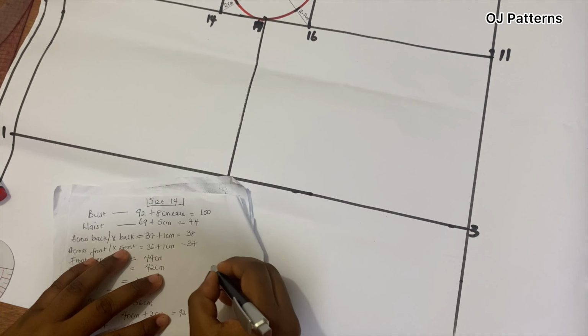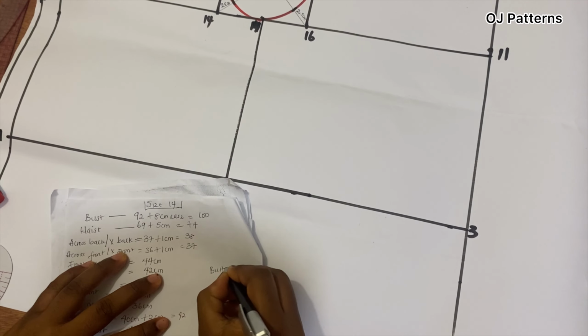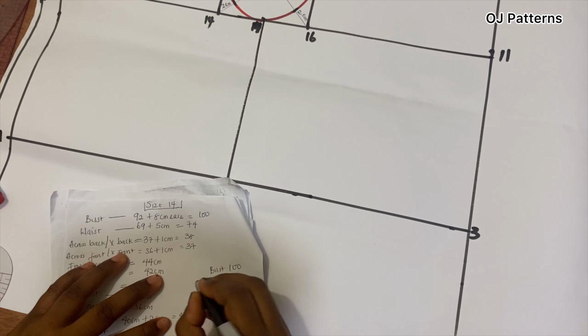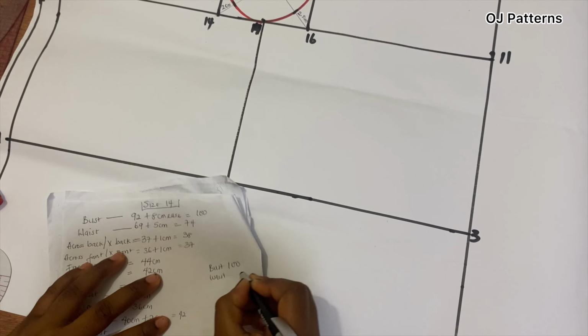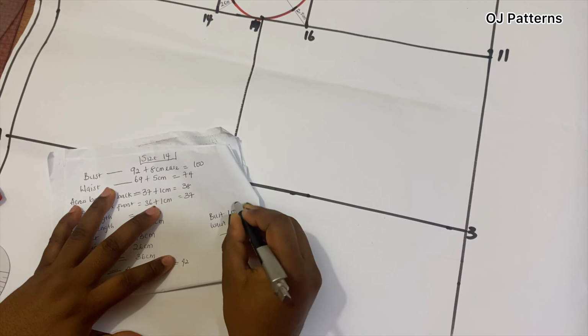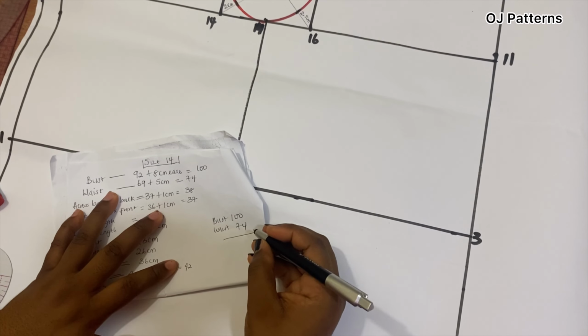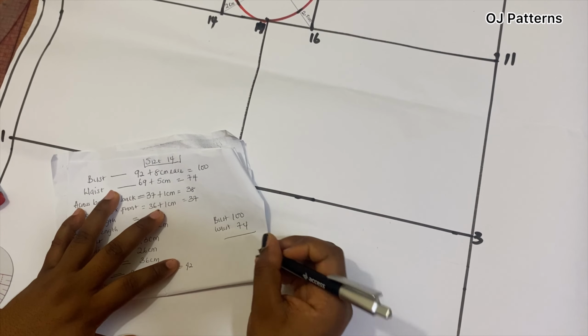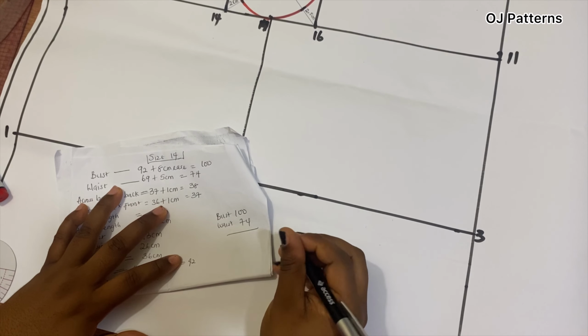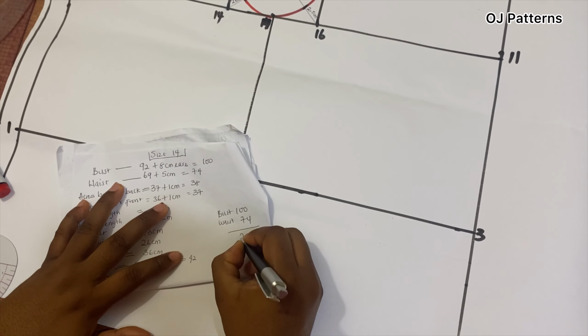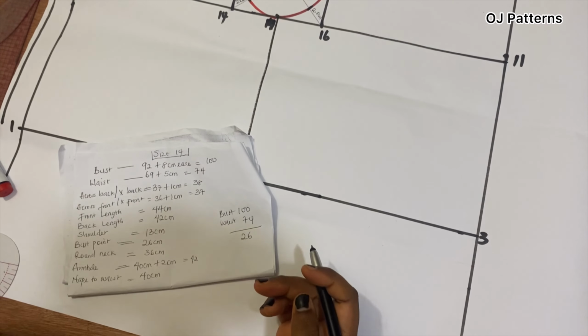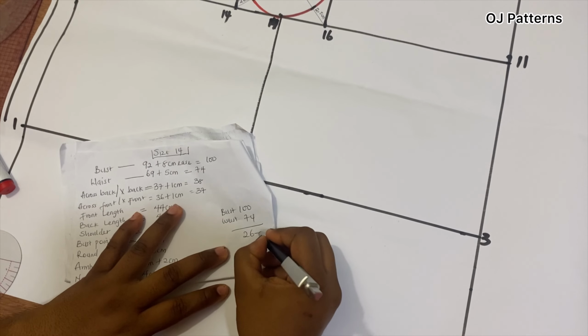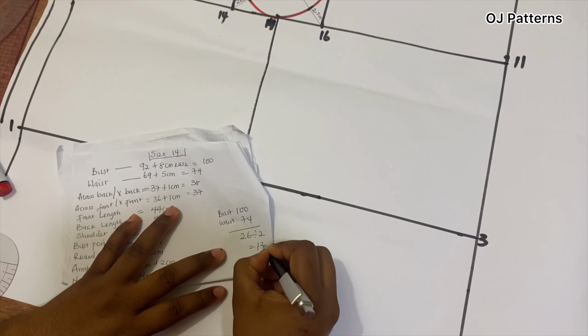You can do your calculation like this. Bust is 100, waist is 74. Now minus 74 from 100, you will get 26. Now 26 divided by 2 is 13.